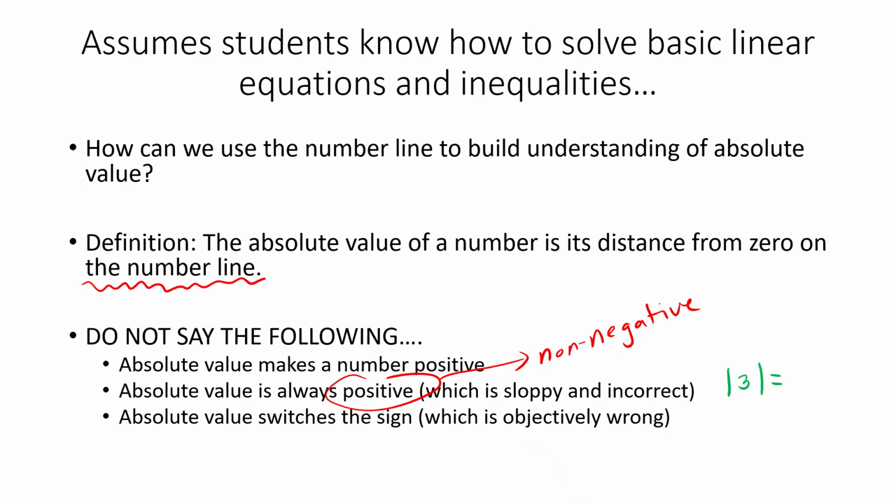A measurable amount of the students that I see in Algebra 2 on a regular basis have that misconception, which might have come from someone saying it's going to switch the sign, and then students carry that to its natural conclusion. So we don't really want to be talking about absolute value using any of those phrases.